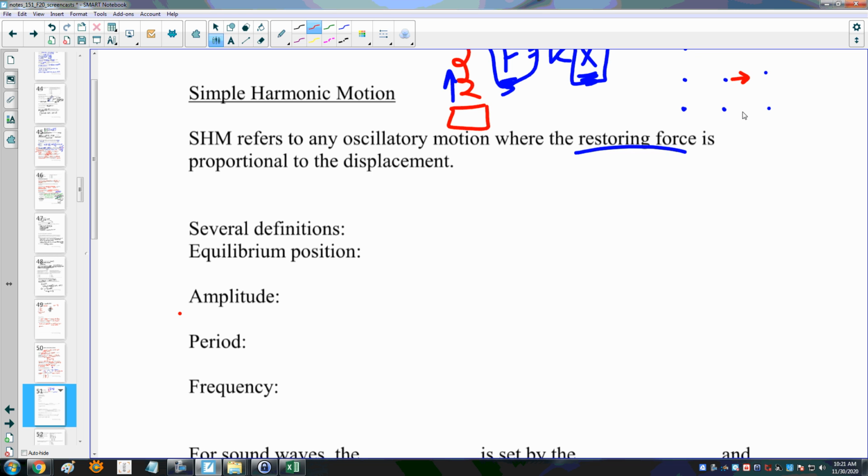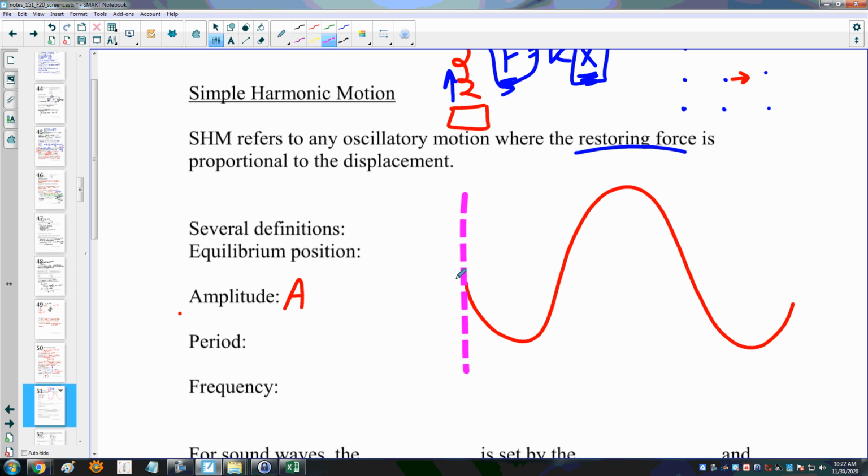There are several definitions that you'll need to know for simple harmonic motion, and those include amplitude, A. So if I imagine that I have a graph or a wave that looks like this, I'm looking particularly here at the axes where I have distance, I'll put this at y, and time, distance on the y-axis and time on the x-axis.